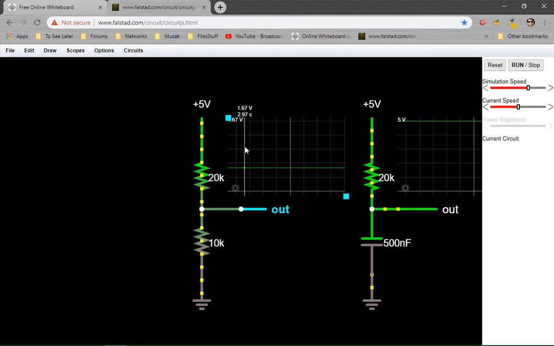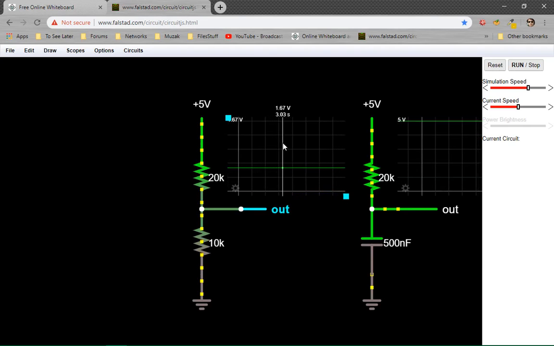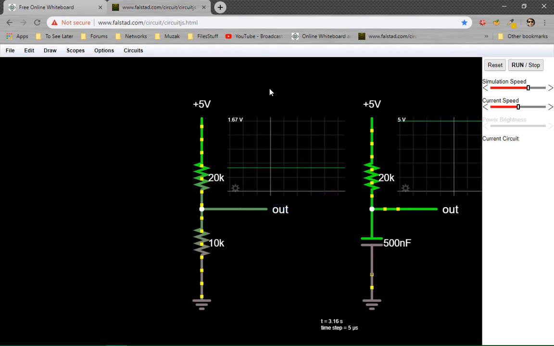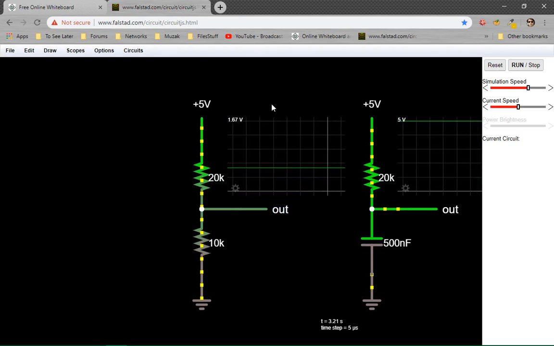So, another very powerful theoretical understanding is the concept of a voltage divider. Let's put it another way.